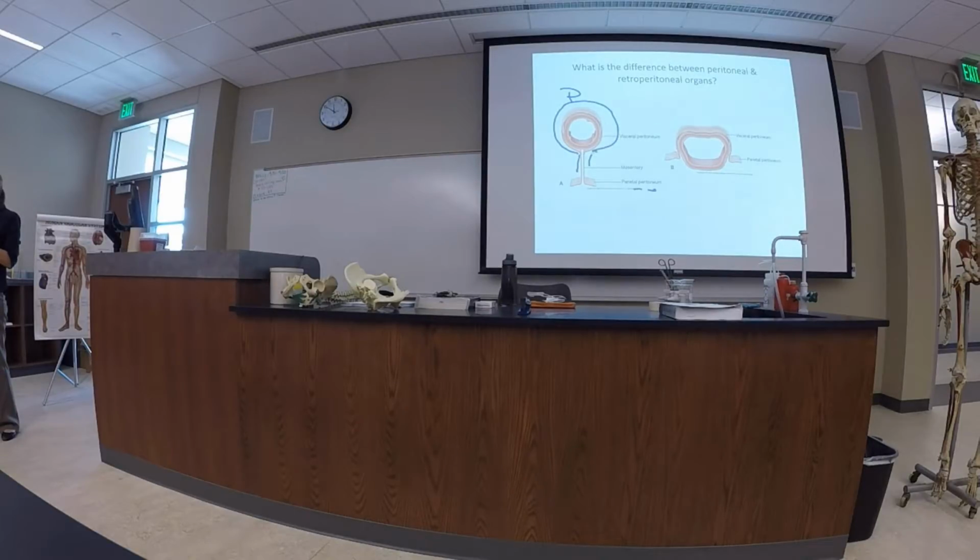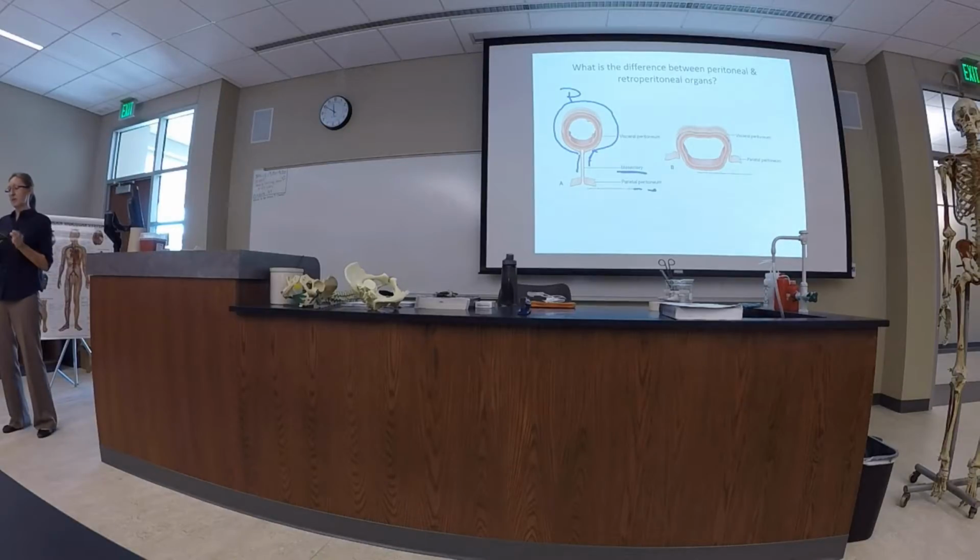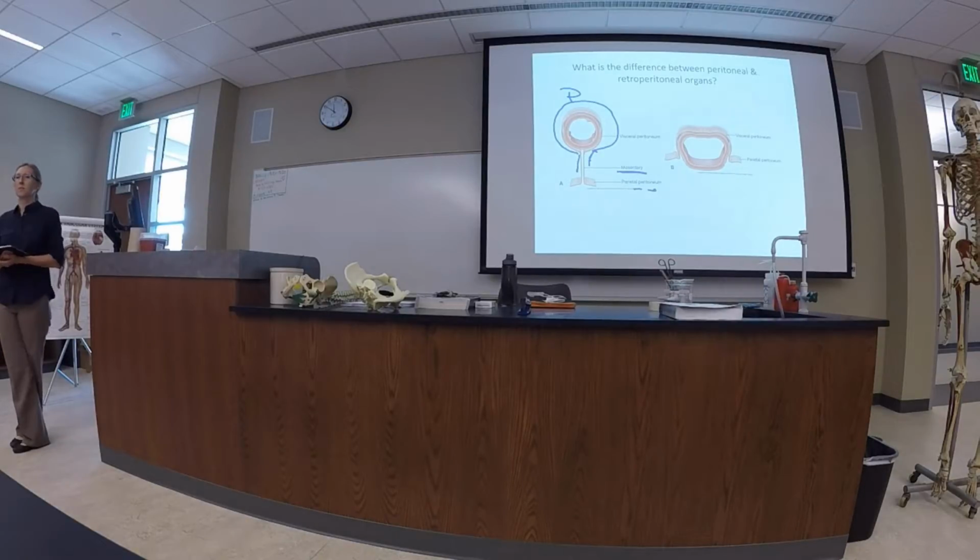So you see it's actually just a continuous set of tissue. Different regions are called different things, but it's all coming from the same basic membranes. Just to note, remember the mesentery is typically 2-layered, and in between those layers often you have vessels, both blood and lymphatic vessels, as well as nerves running in between those 2 layers.